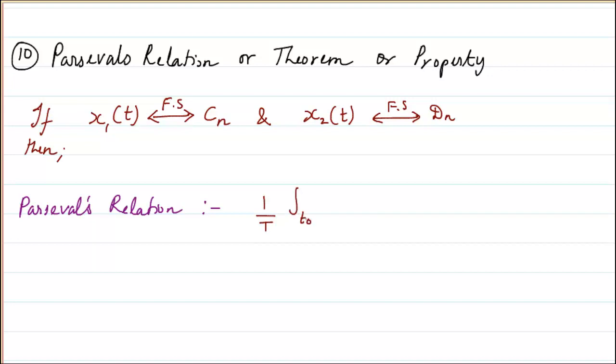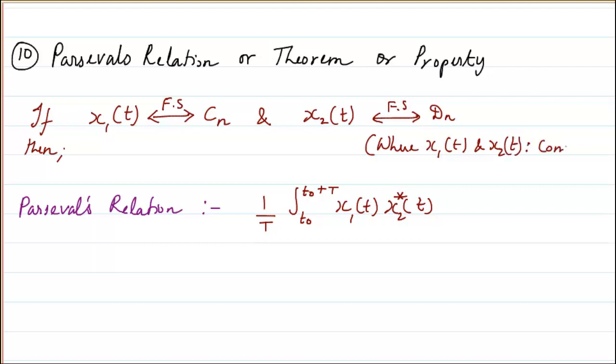value of the correlation between x1 of t and x2 of t, or which is written as x2 conjugate of t. So here I have to write where x1 of t and x2 of t are complex.